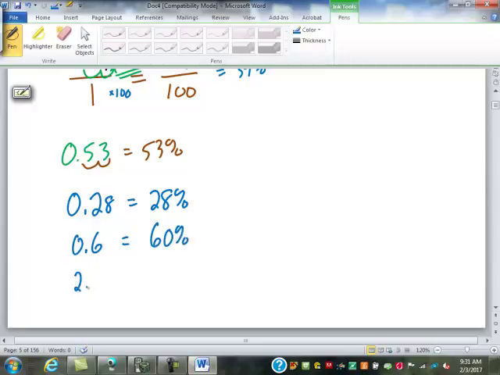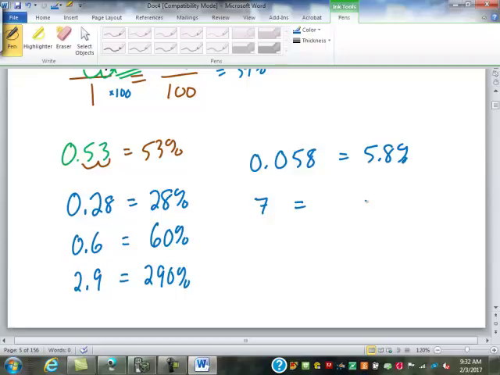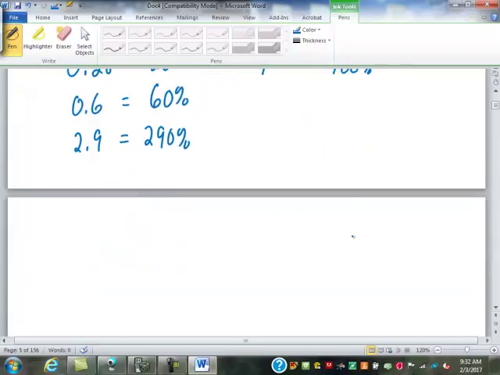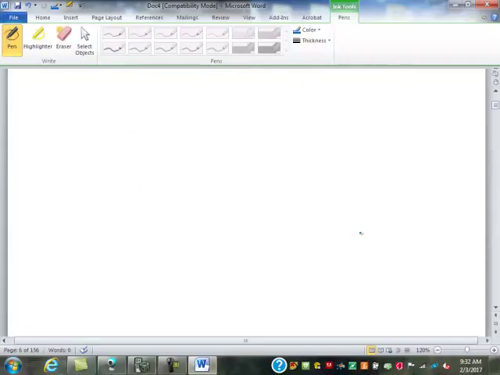Good. 2.9, 290%. 0.058, 5.8%. 7, perfect. 700%. Good. So changing it from a decimal back to a percent is just as simple as going from a percent to a decimal.